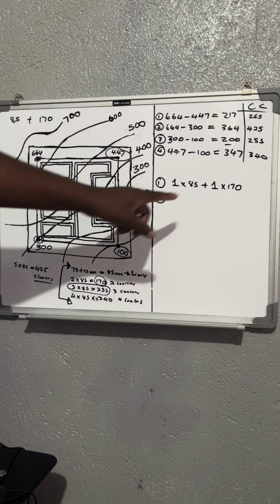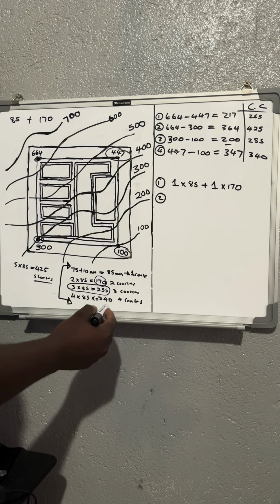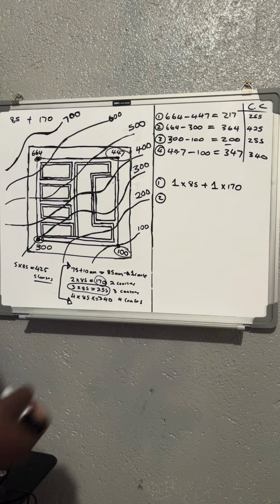So we check that, okay, what can we combine? Let me see, we said the 2 by 170 already gives us 340, and 340 if we add 85, it's just going to give us 425.